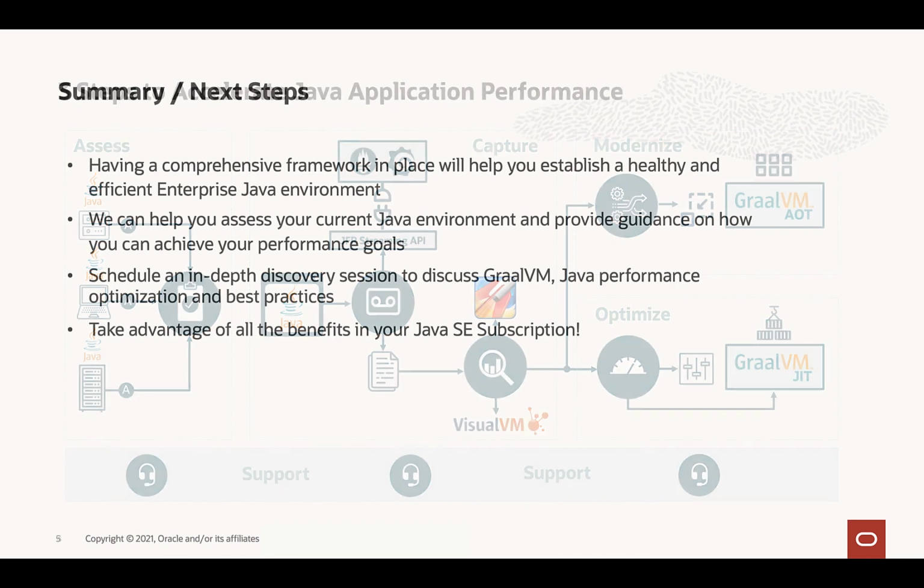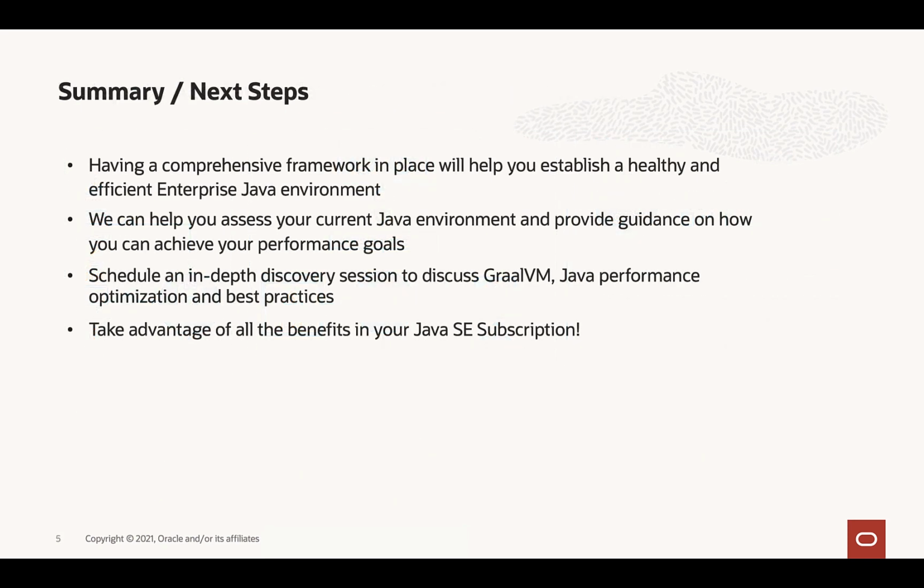All right, so we provided highlights of the 3 steps to accelerate your Java application performance. So we'll summarize the session by stressing that, again, having that comprehensive framework in place is really going to help you establish a really solid enterprise Java environment.